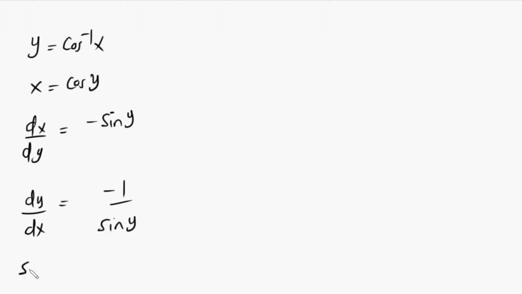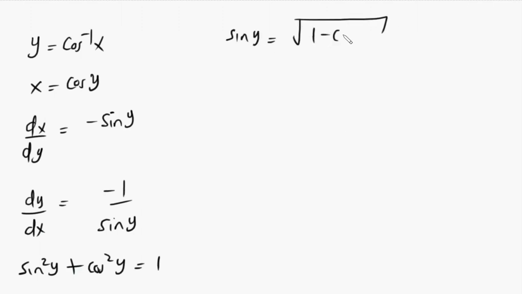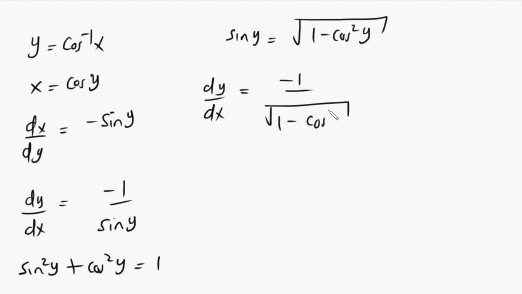But I know that sine squared y plus cos squared y is equal to 1. So making sine y the subject, sine y is equal to the square root of 1 minus cos squared y. So dy/dx is equal to negative 1 over the square root of 1 minus cos squared y.